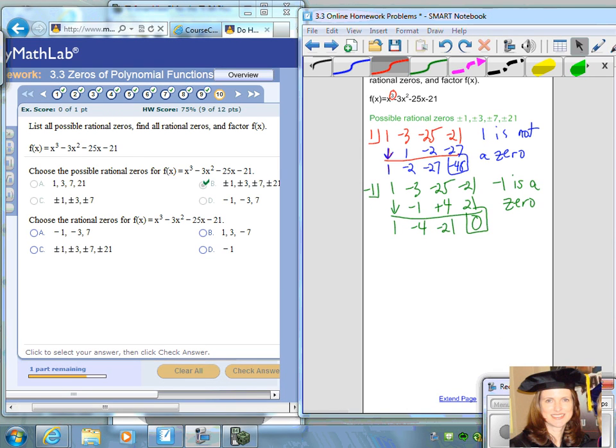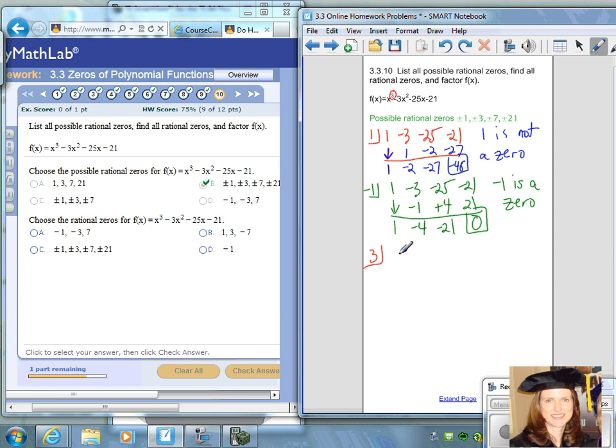Alright, so the next one on our list that we can try is a positive 3, doing the synthetic division again, working through, you get negative 75, negative 96.